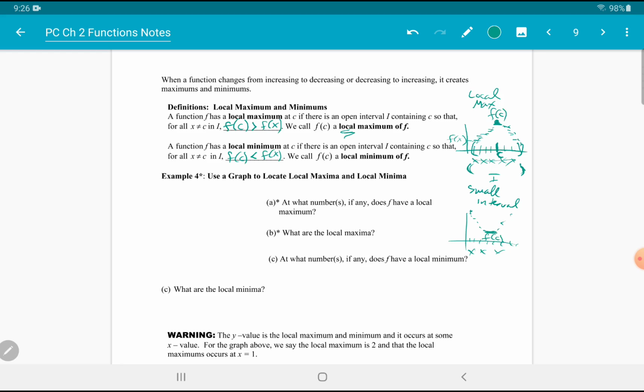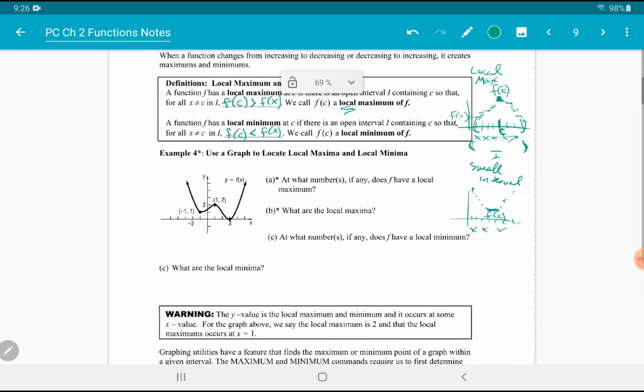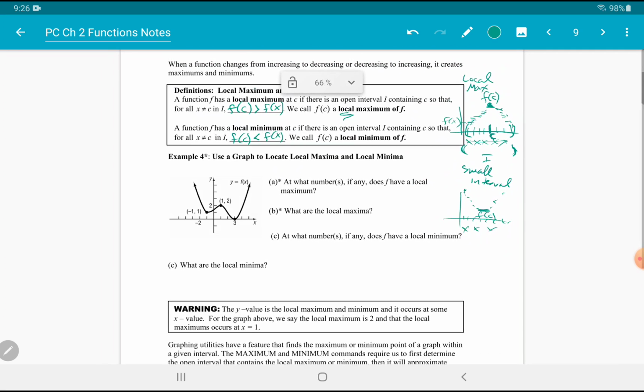So as we take a look at the graph for number 4, there it is, it got displayed now. So if we take a look at number 4, let's find the local max, and let's also find the local min. Now the difference between A and B is that in A it says, at what numbers does f have a local max?